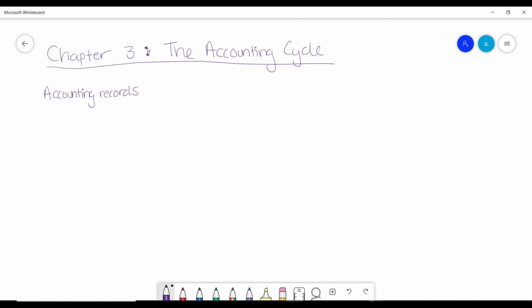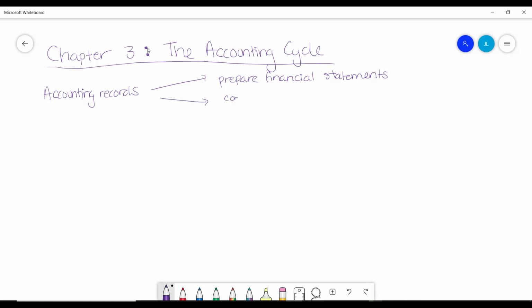One of the things that we use accounting records for is to prepare financial statements. And we've seen some of that in Chapter 2, on the preparation of financial statements. If you've jumped into the Chapter 2 homework, you're already using accounting records to prepare those financial statements.